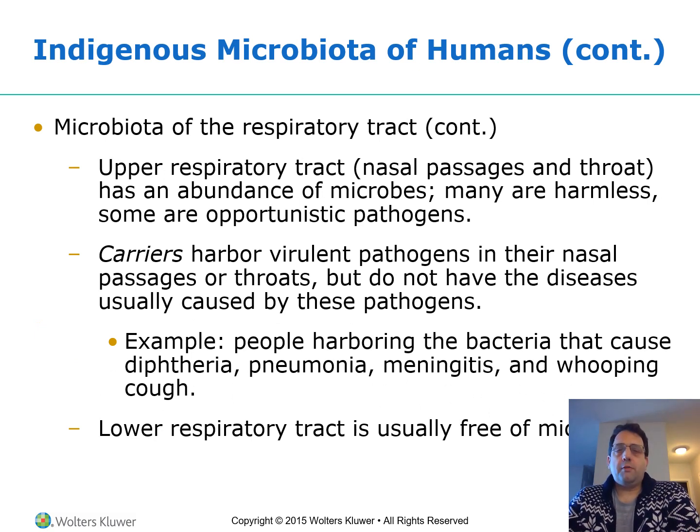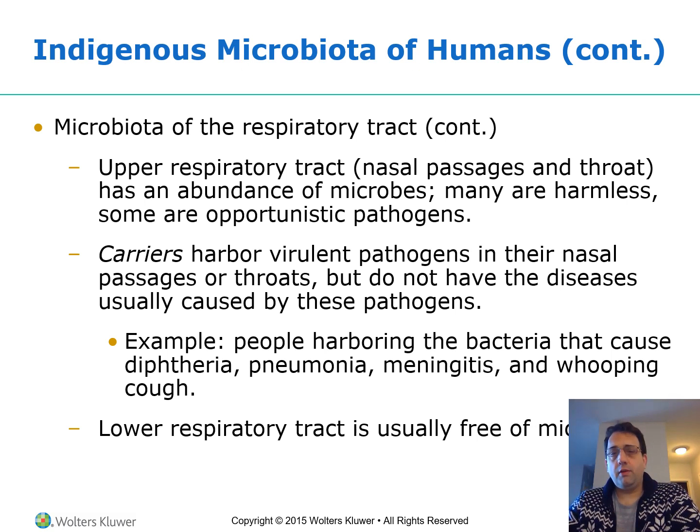So the microbes that you see up there are not typically going to cause you problems, but some of them are what we call opportunistic pathogens. Something that in most cases won't cause you any problems, but when enough changes to the environment happen, they become pathogenic.